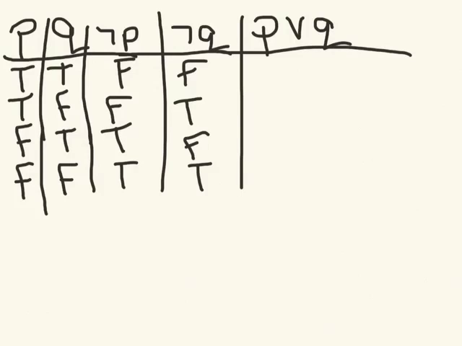If at least one is true, then the or statement is true. If the sky is blue or the grass is green, if either one of those is true, then my statement is true. So we see we have P here and Q here, and in between we have just some symbol.